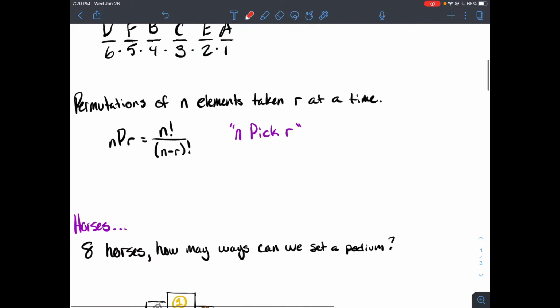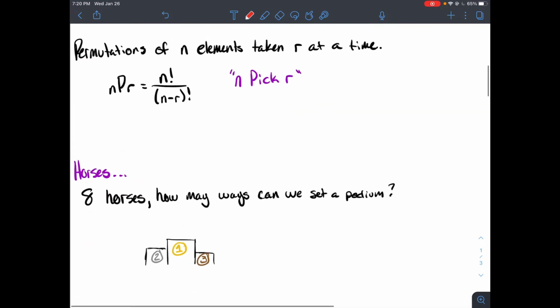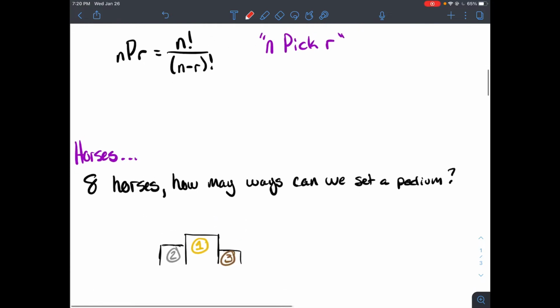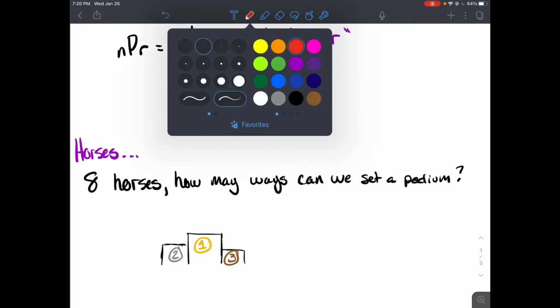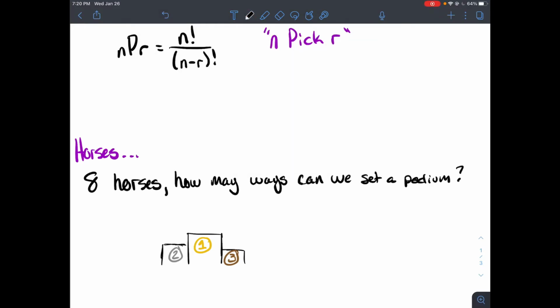So now we're going to think about an example of some horses. We're going to go to a horse race, and we want to know how many different ways we can set up a podium with these 8 horses. So if I have 8 horses racing, 8 of them could come in first, right?